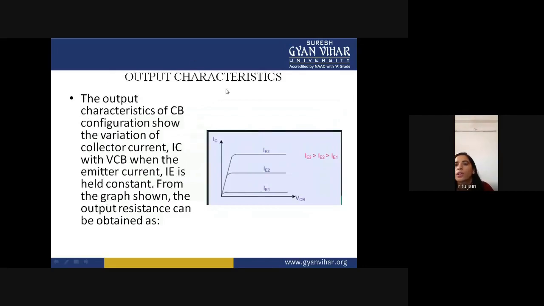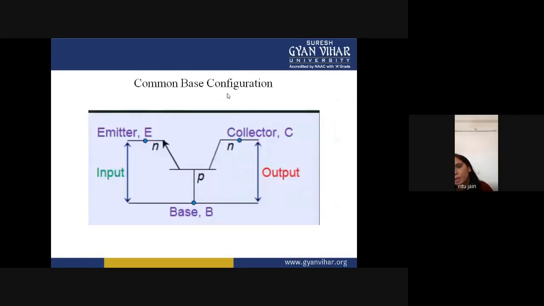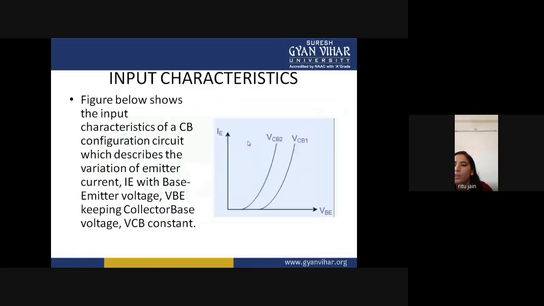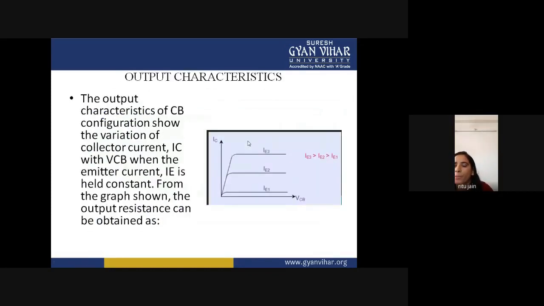Like this, you can draw the output characteristic for common base configuration. In common base configuration, the output current is your collector current and output voltage is your base-collector voltage. So this is your output characteristic.